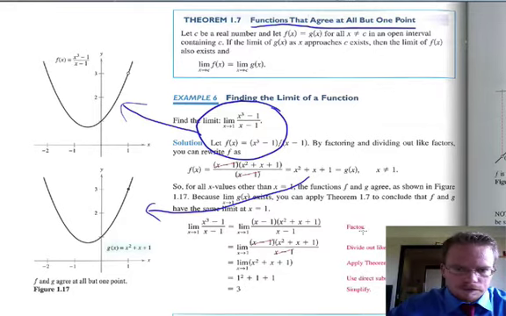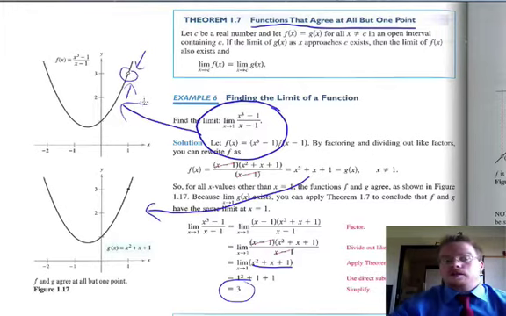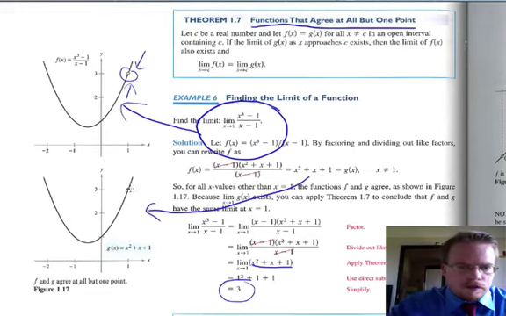And then once you've factored, you can cancel the factors, and then you can use direct substitution to plug into your new equation, and then that'll tell you what the limit is, because as you approach that c value, you end up honing in on an L value on this function, and because the two functions are the same except at that point, you can plug into that function and see what's happening in the original function at that point.